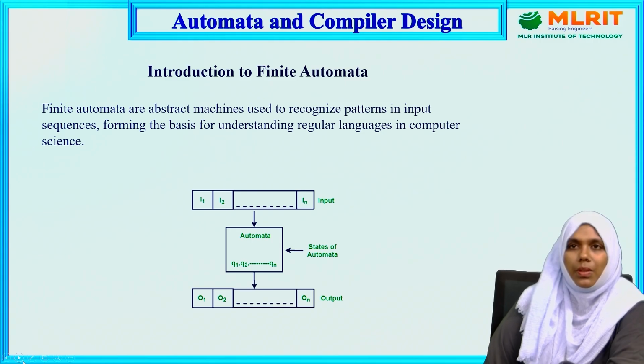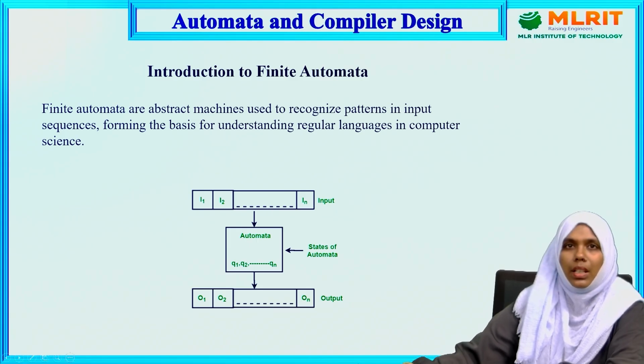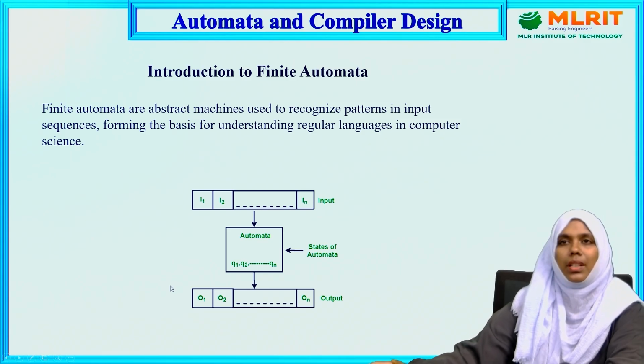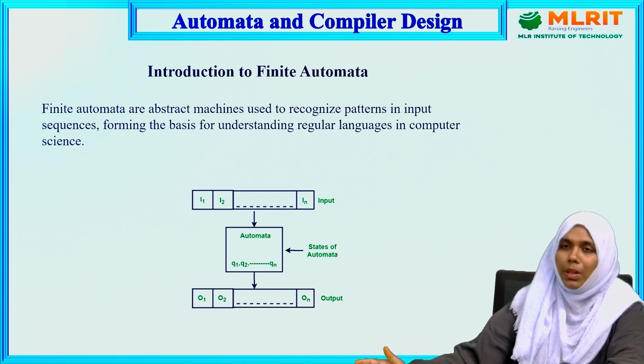When we discuss finite automata, generally it works with the help of input, the states of the automata, and the output. For example, inputs I1, I2, I3, and so on, and different states of the automata, for example Q0, Q1, Q2, or capital A, B, C, and so on.